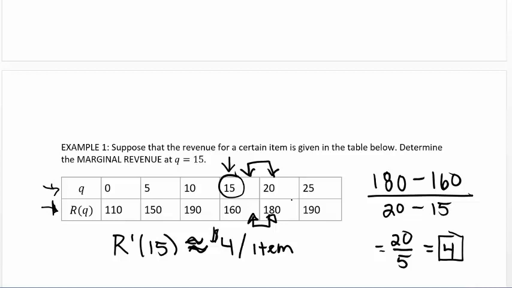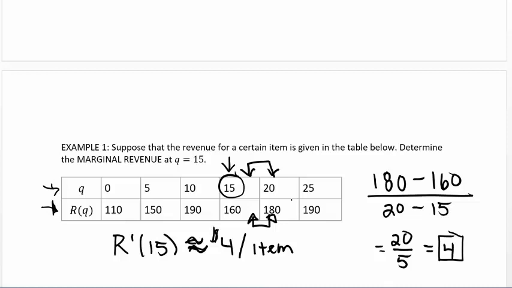And the marginal revenue being $4 per item means that for each additional item that I sell, I am expecting to get 4 additional dollars. So to go from 15 to 20 is 5 additional items. 5 times 4 is 20, so I go from 160 to 180 in terms of my revenue.